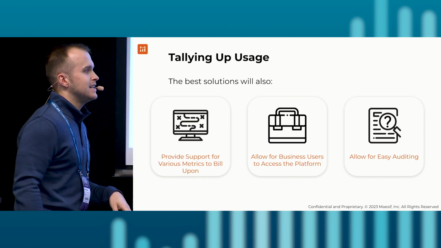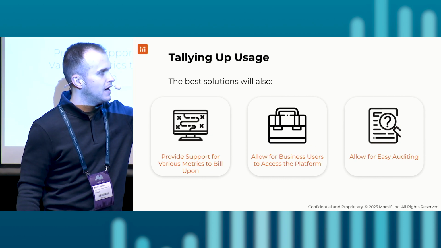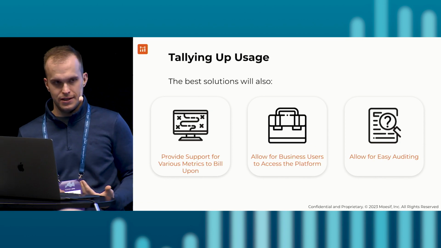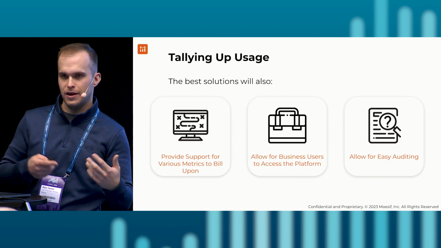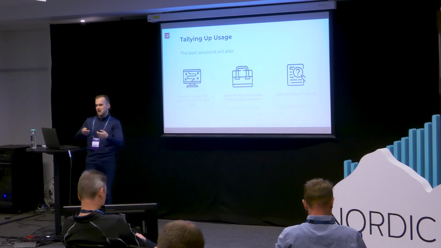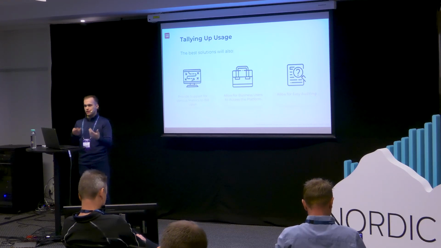The last part here is allowing for easy auditing. And this is very crucial, because if there's some type of billing discrepancy, you need to go to the system of record where that was tallied up. If you can't audit how they came to that total, it's going to be very, very hard to explain to a customer, yeah, we don't know what happened. Your bill is your bill.